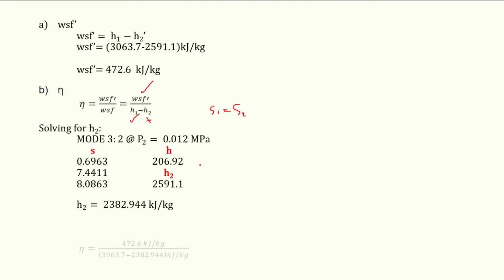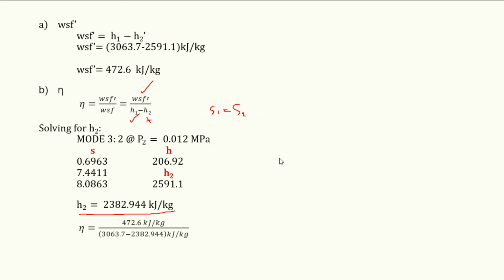So, okay na yung H2 natin. Direct sub na lang sa efficiency. Therefore, efficiency is 472.6 kilojoules per kilogram over H1 minus H2, where H1 is 3063.7 and H2 is 2382.944. Kung mapapansin nyo, si H2 is less than H1, is less than H2 prime. Di ba? 2382.